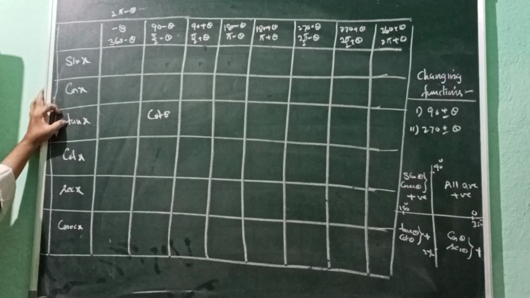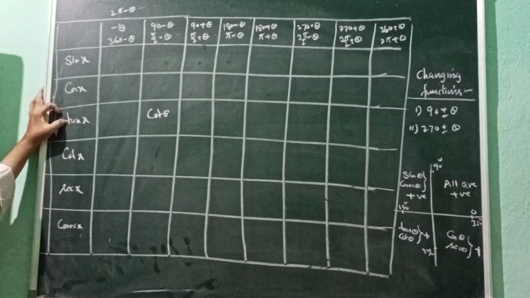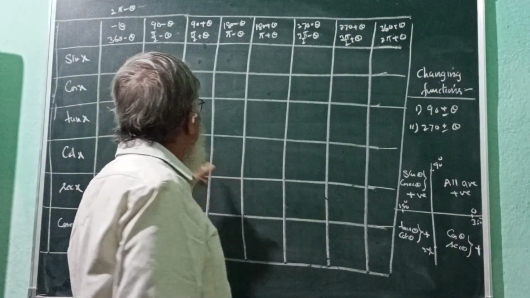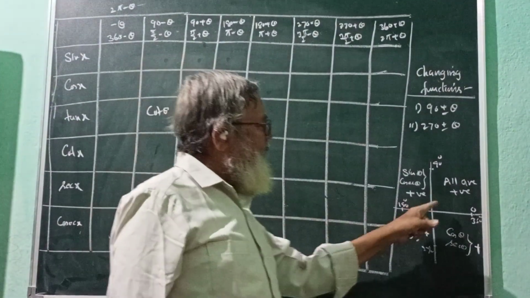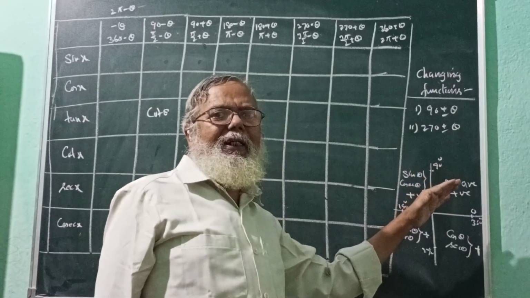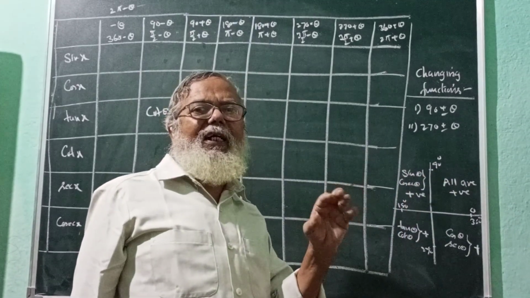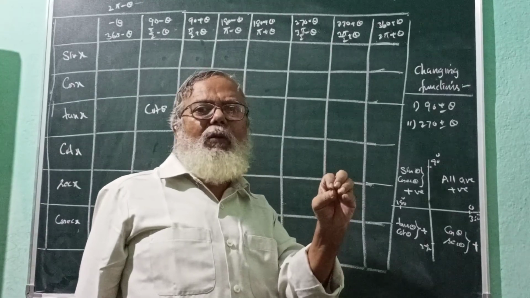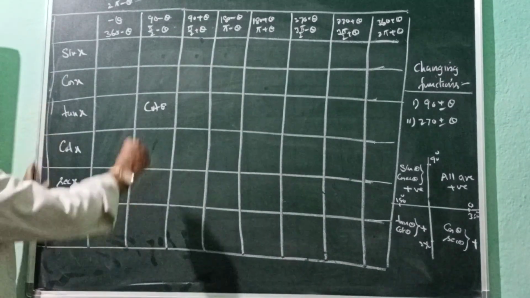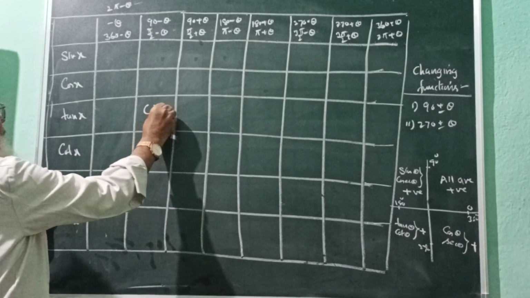And cot theta, whether it is plus cot theta or minus cot theta, we have to check this table. So 90 minus, this is 90, minus means again reverse, so that is in the first quadrant. And in the first quadrant, we see that all trigonometrical ratios have positive sign. Therefore, the value must also be positive, that is cot theta.